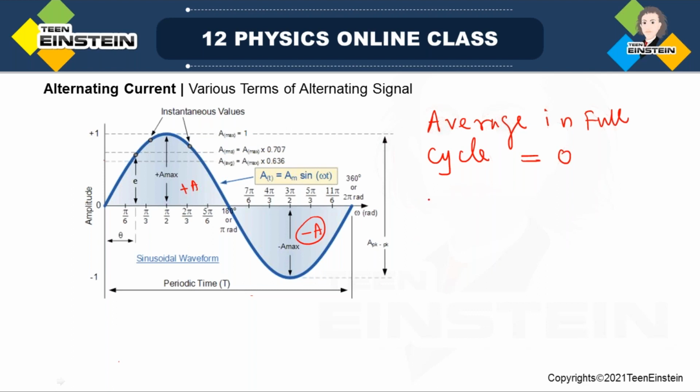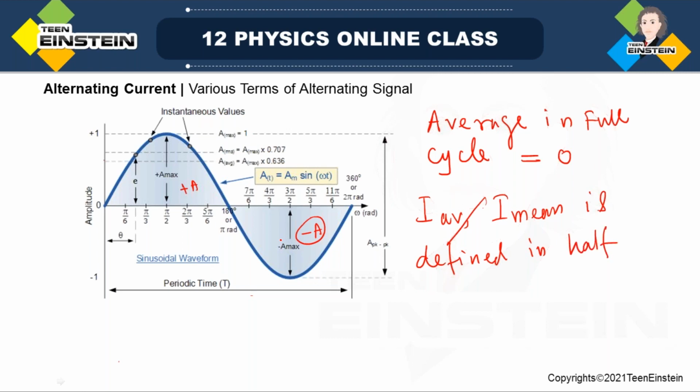But generally the average value of current, or mean value of current, both are the same actually, mean or average, is defined in half cycle in case of AC signals, because it is symmetric. If you take the average in a full cycle, it will give you 0. So it is defined in half cycle. So what is the average current?